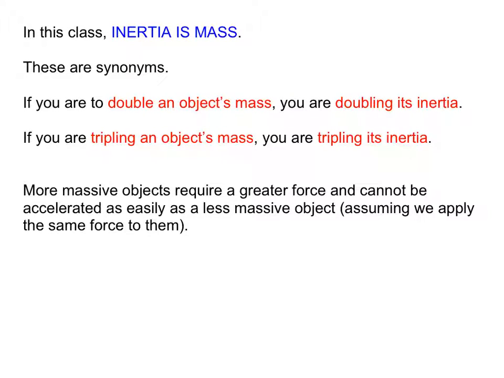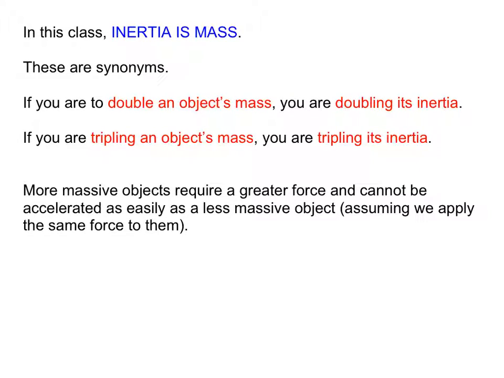Think, is it going to be easier to give the larger mass a 10 meter per second squared acceleration, or is it going to be easier to give the smaller mass a 10 meter per second squared acceleration? So clearly, a more massive object is going to be harder to accelerate. So it's going to require a larger force. Okay, and that hopefully should make sense.